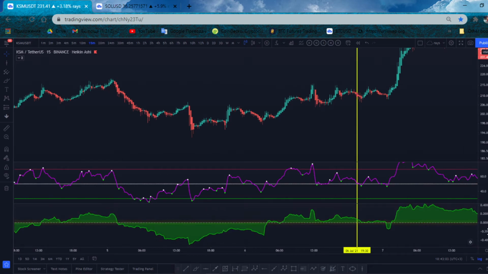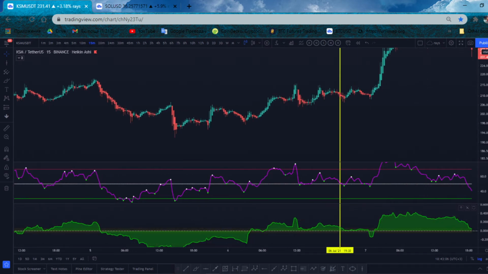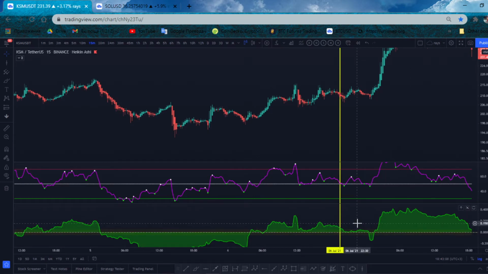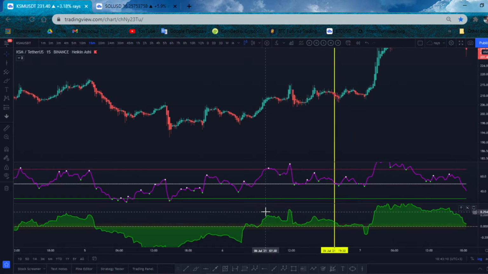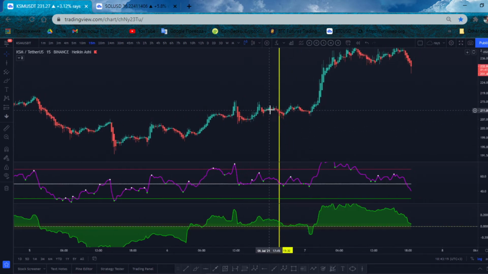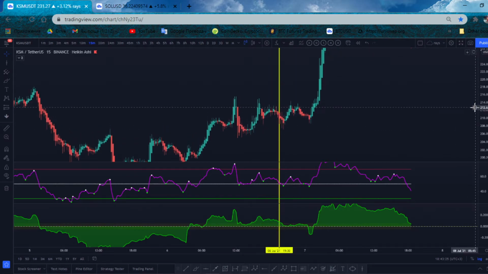But the thing is that you may find information that is frustrating. You see, money flow is going down here. Yes, but if you decided to short somewhere here, the price is consolidating, going sideways. Nothing is happening really.